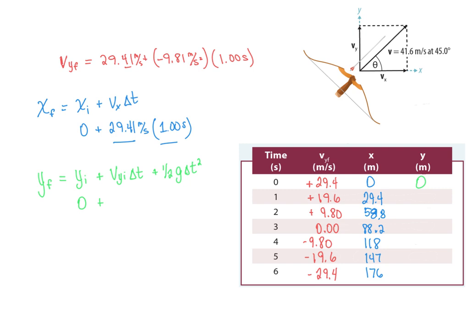Velocity, I'm going to go back to the velocity I calculated because this is asking for initial velocity here. After 1 second, I'm going to put a 1 in. 1/2, my gravity, again, negative 9.81. And then 1 squared. And I'm going to calculate that movement.